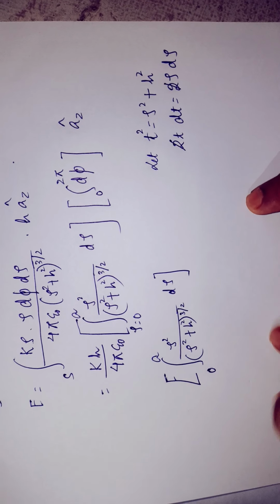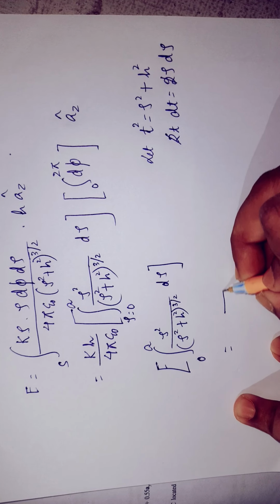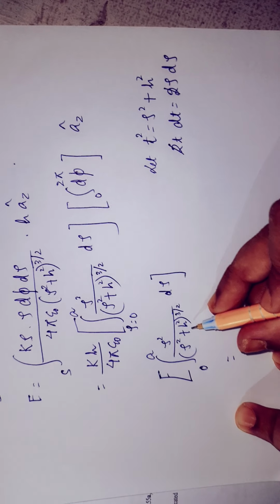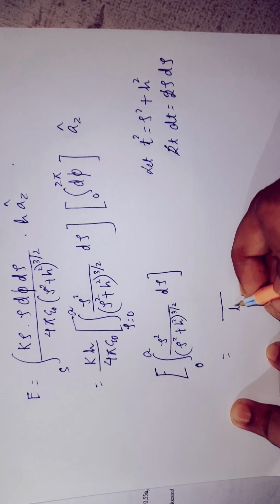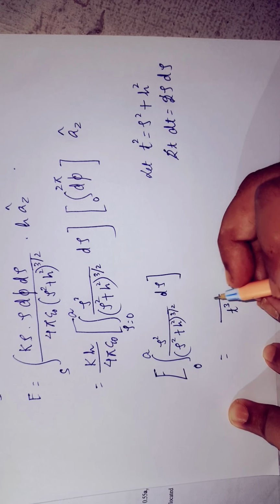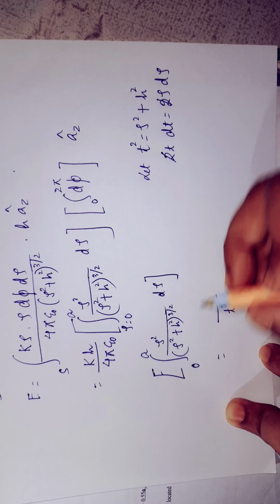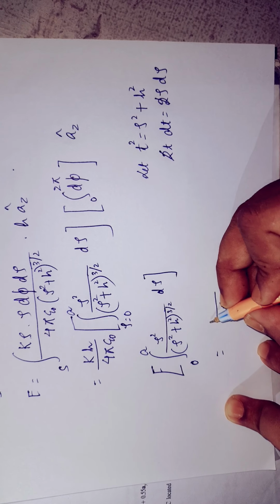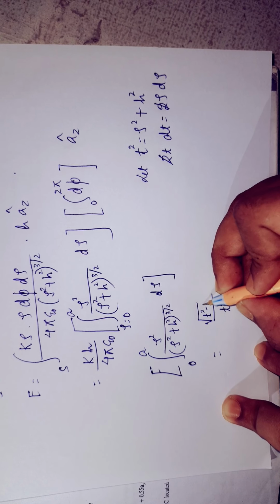So now substituting this over here, if I write t square, then it will be t square to the power 3 by 2, and that is t cube. Then next, instead of rho, I'll write root over t square minus h square.